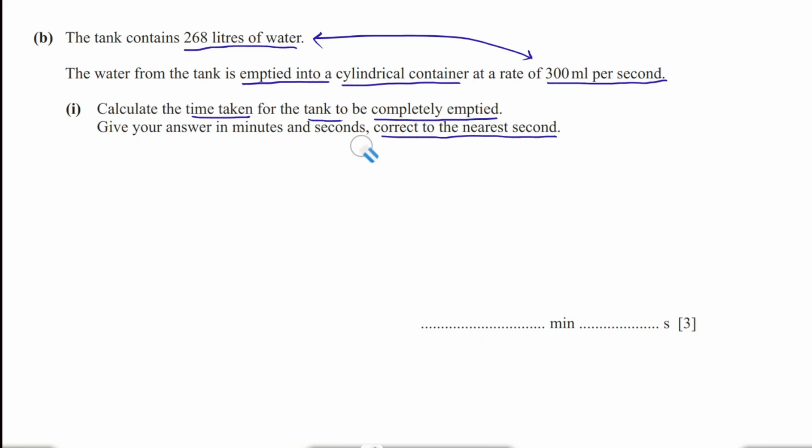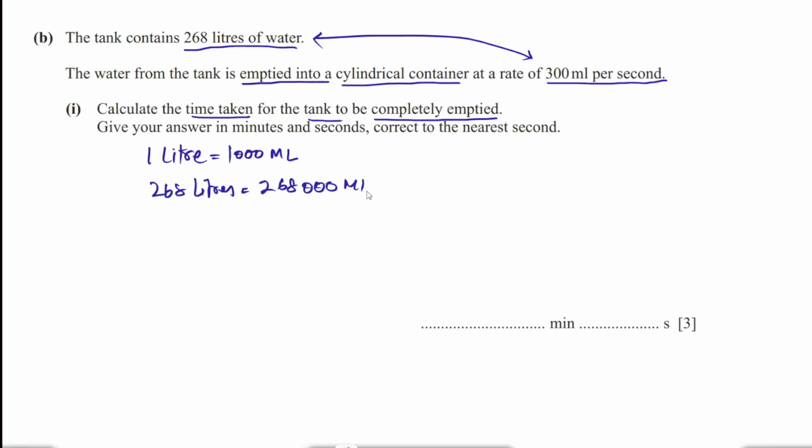Let us first of all find the time. Here we have 268 liters, and here we have 300 ml. We know that 1 liter, like the 1 liter bottle of Coca-Cola or any other water bottle, is always equal to 1000 ml. So 268 liters means 268,000 ml.